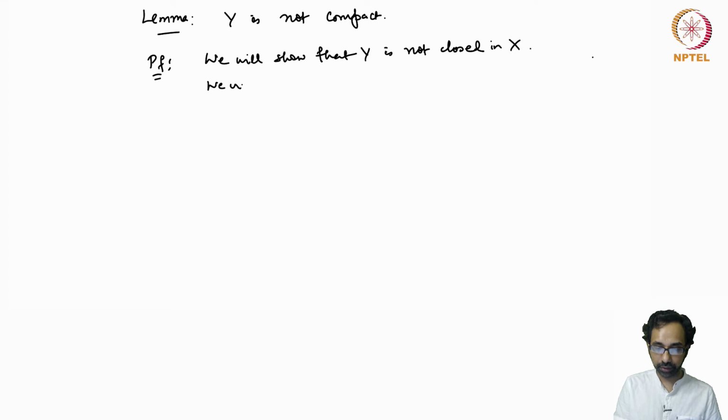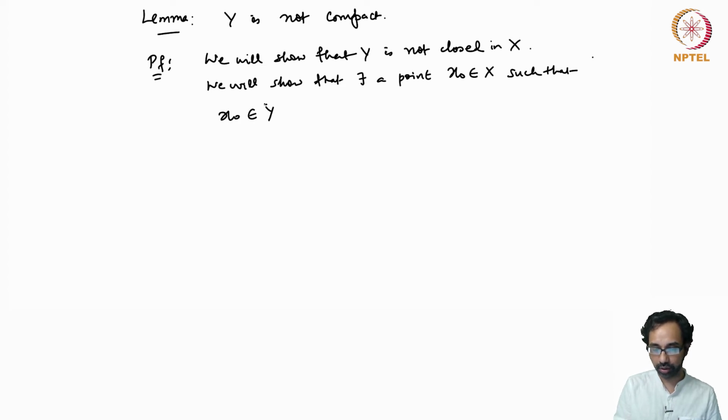In fact we will show that there exists a point, let's call it x0 in X, such that x0 belongs to the closure of Y minus Y. So it belongs to the closure but not inside Y, and therefore Y is not closed.